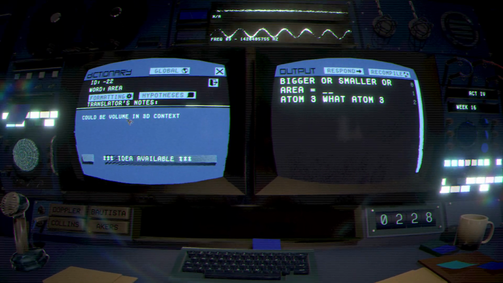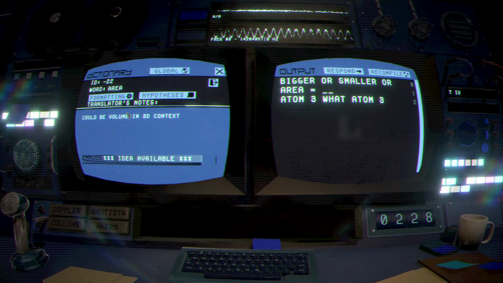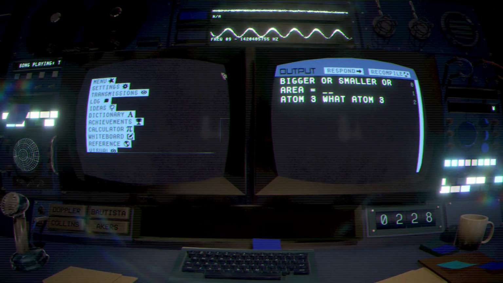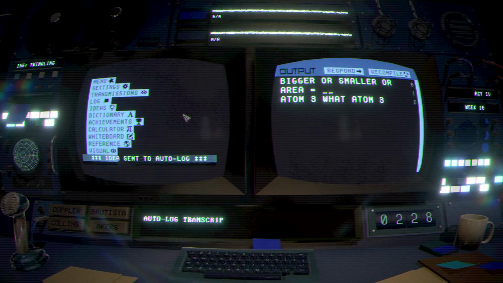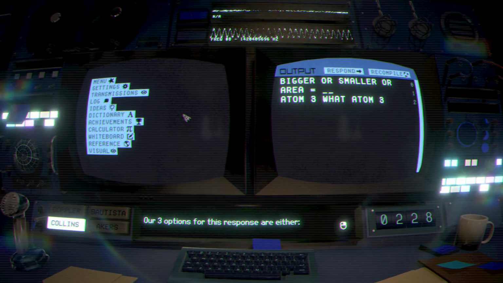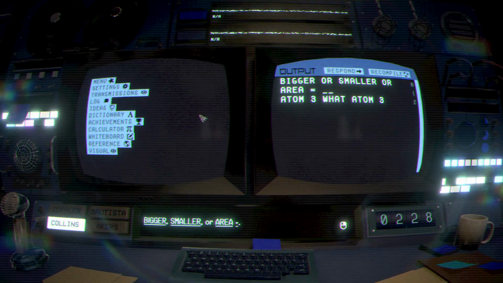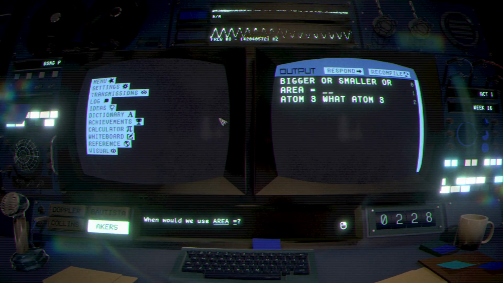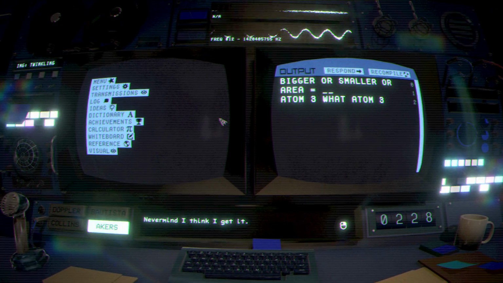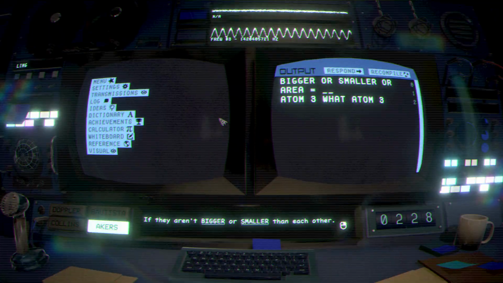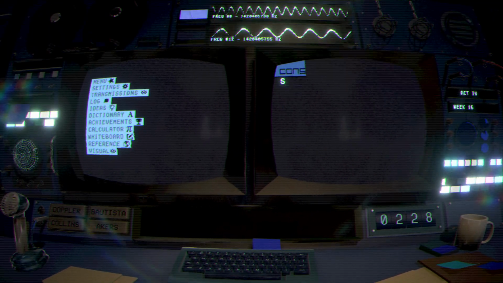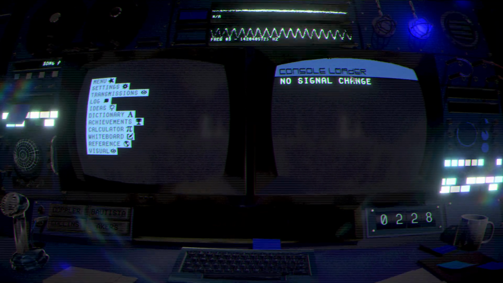Area, be volume. Let me see what they're saying here. Our 3 options of this response are bigger, smaller, or area. When would we use area equals? Really? Never mind, I think I get it. They aren't bigger or smaller. Good. Yeah, but what are they trying to mean with area?